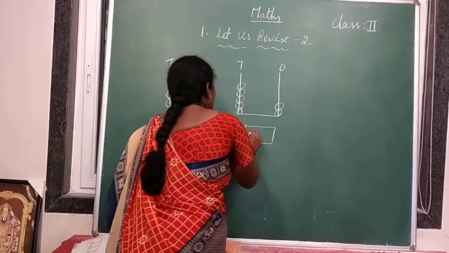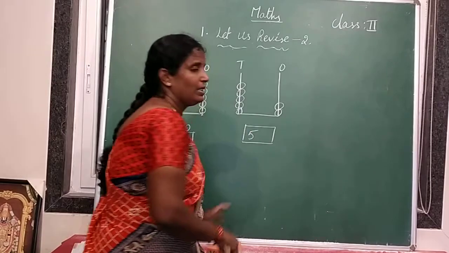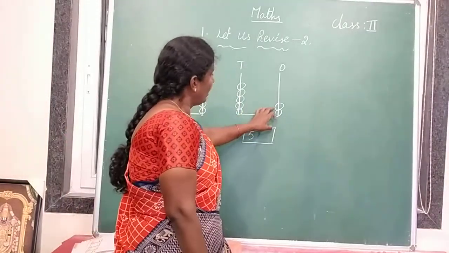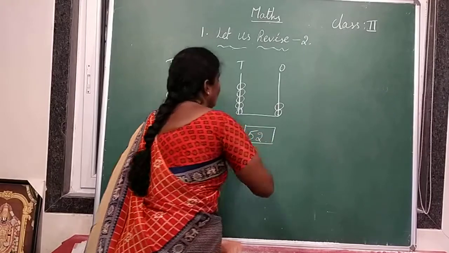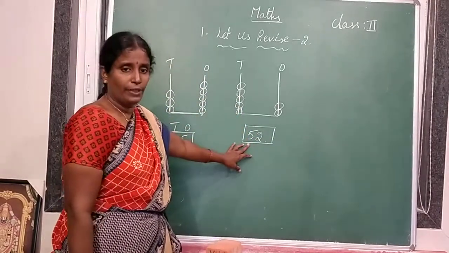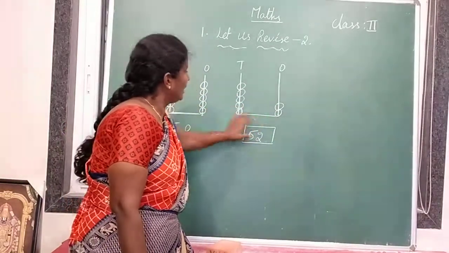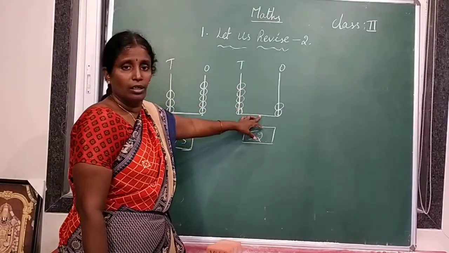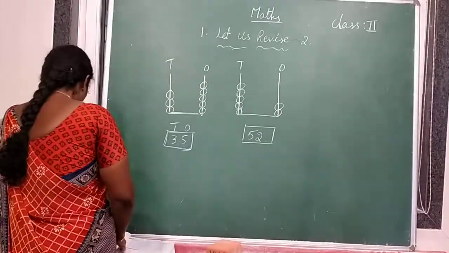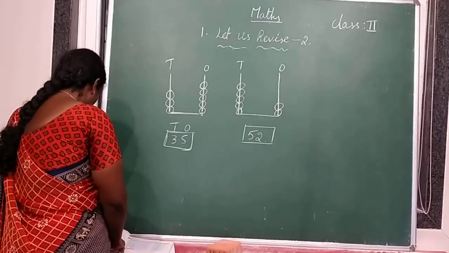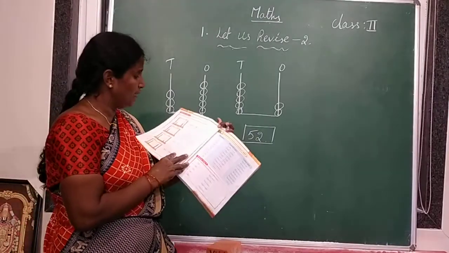So 5 tens are there. And how many ones are there? 1, 2. 2 ones are there. So it is nothing but 52. So this is the representation of 52 on abacus. Understood?